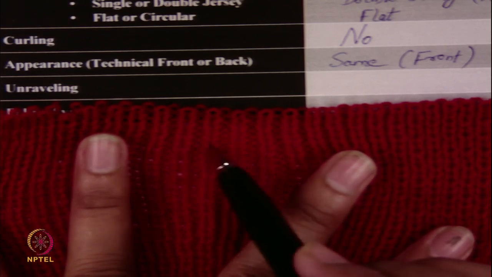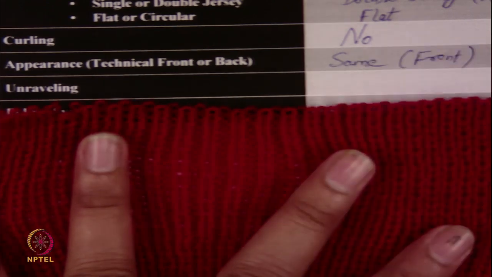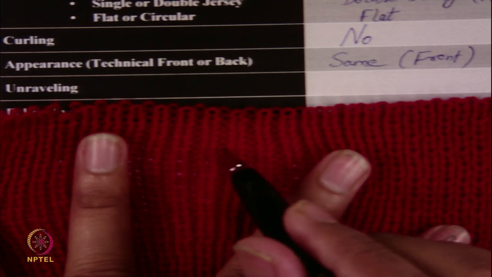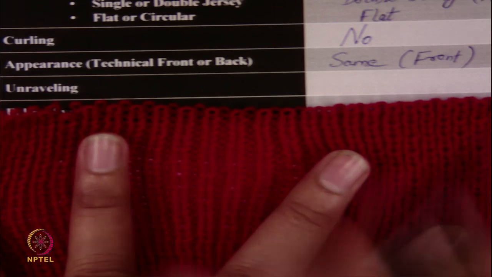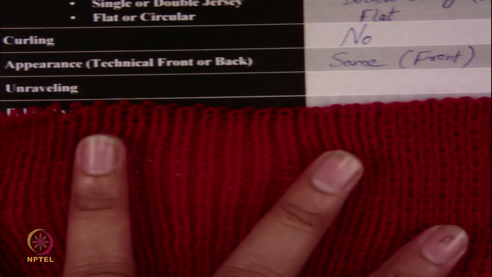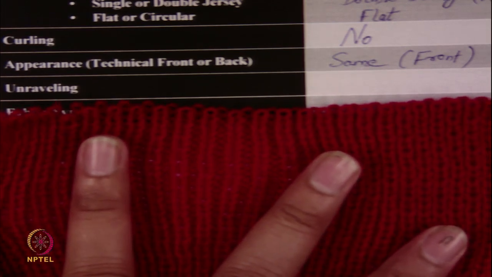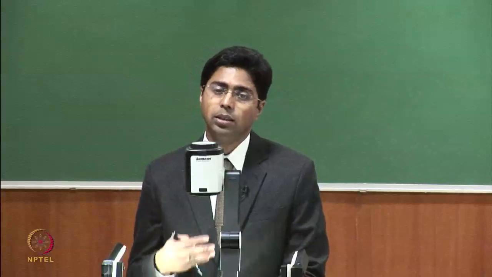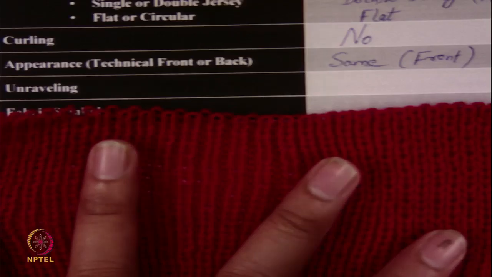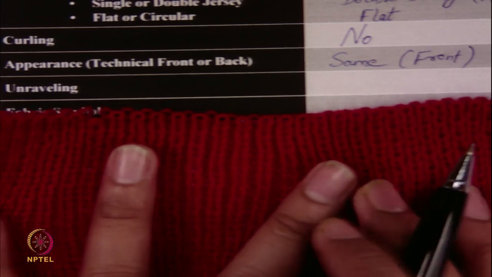These two loops are projected towards you, so that is why they are visible, and the back side loops are projected behind this plane, which is visible on the other side. When you visit the back side loops from the other side, that front part will again be visible. So, this is the reason why the appearance is almost similar in this particular fabric.